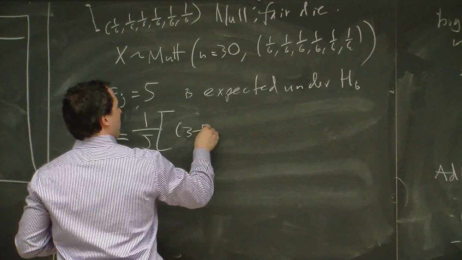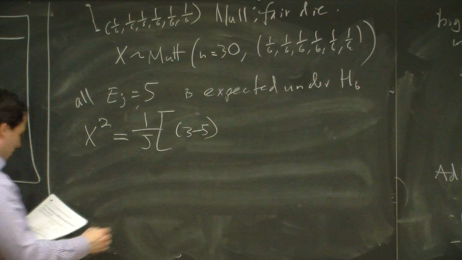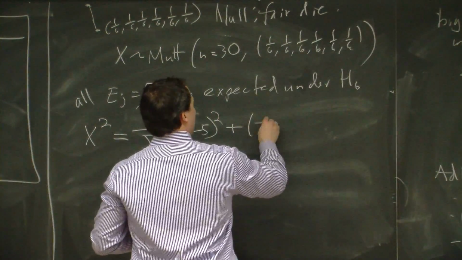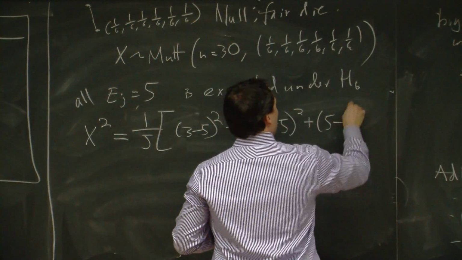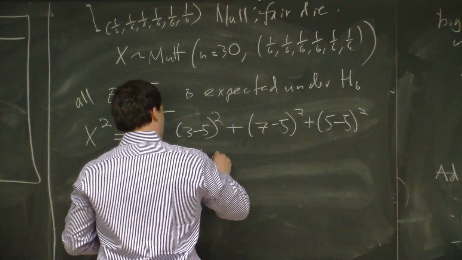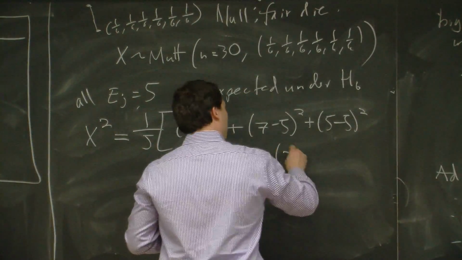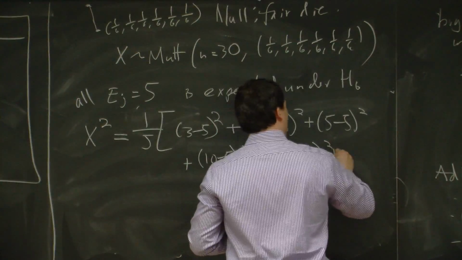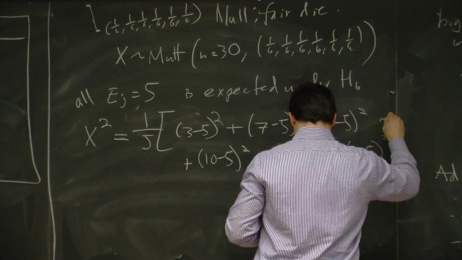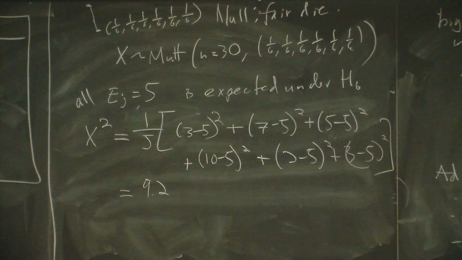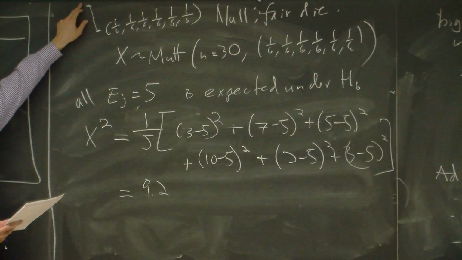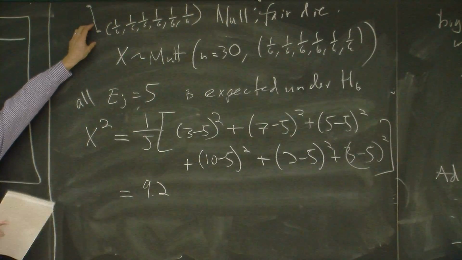So we have (3 minus 5) squared, plus (7 minus 5) squared, plus (5 minus 5) squared, plus (10 minus 5) squared, plus (2 minus 5) squared, plus (3 minus 5) squared, all divided by 5. And that's 9.2. So our Pearson chi-squared statistic is 9.2. That's our measure of the distance between the null hypothesis and the observation from the point of view of the null hypothesis.